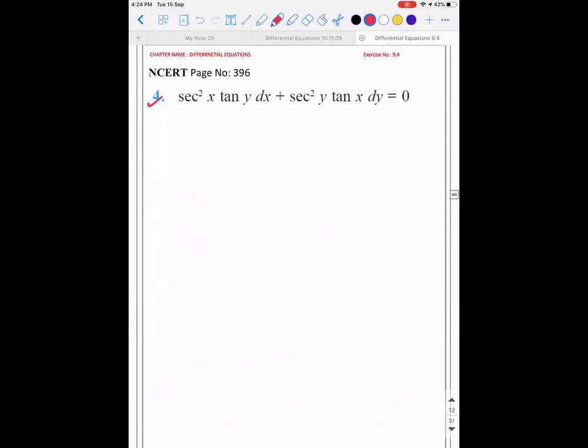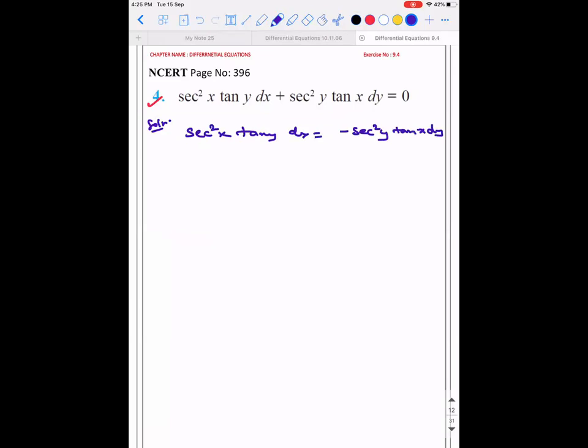For example, you take this question: secant square x into tan y dx plus secant square y into tan x dy is equal to 0. So how to solve this? You can write it as secant square x tan y dx is equal to minus secant square y tan x dy.